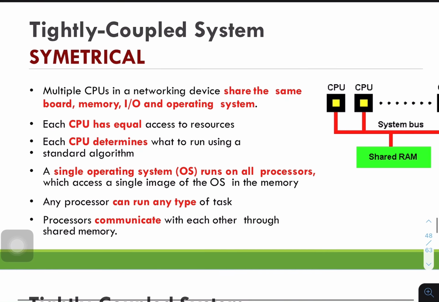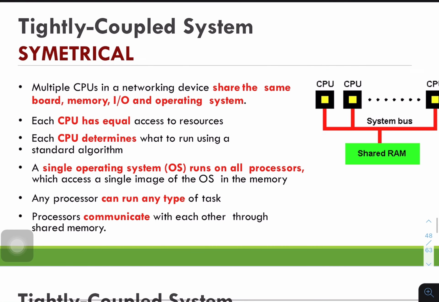Okay, kalau yang symmetrical ni pula, dia share the same system, tetapi dia share secara, kita boleh kata secara networking. Yang mana dia share the system tetapi melalui jalan yang berbeza-beza lah, kita boleh kata macam tu. Dan CPU ni dia ada equal access to all of the resources.